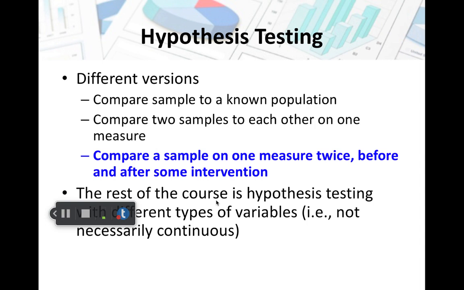Or we're looking at the same location before and after a hotspots policing intervention, right? So this version is going to have to be done a little bit differently, but the idea of what we're trying to do in terms of comparing two different means is the same.